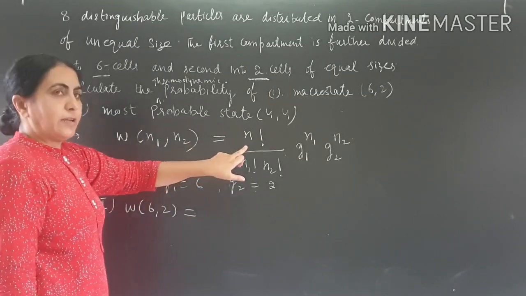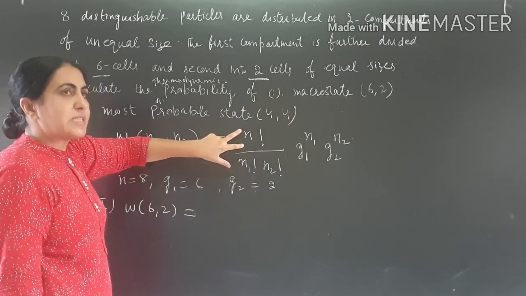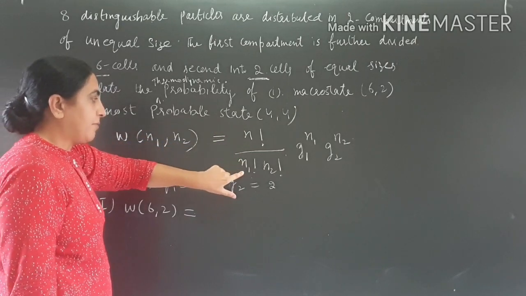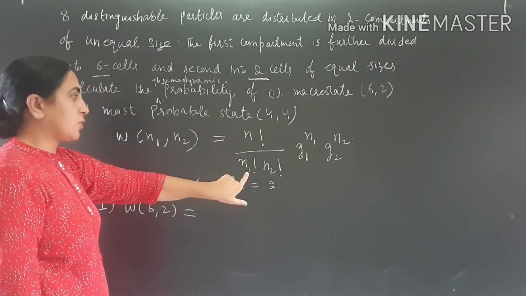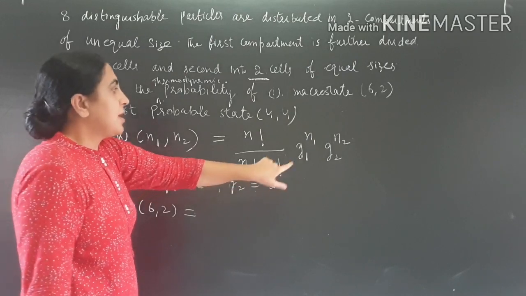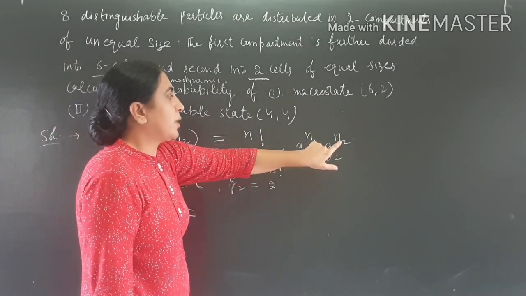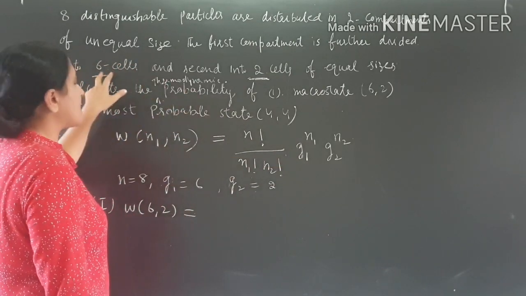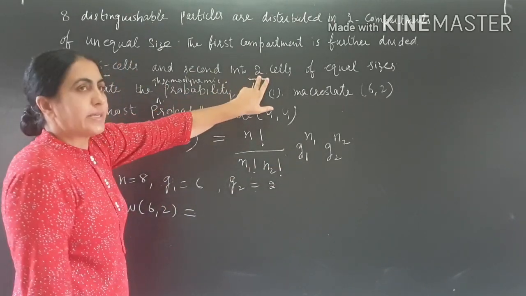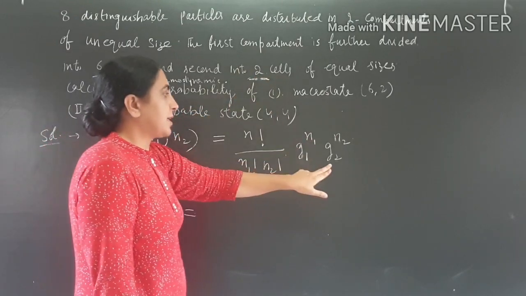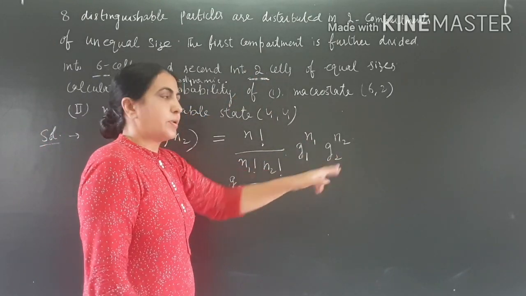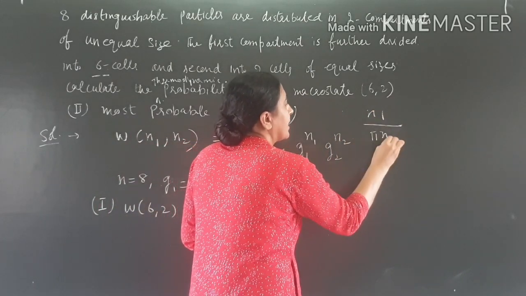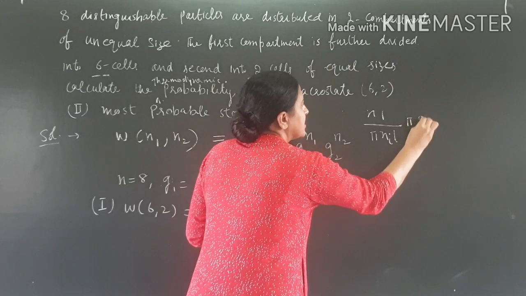That is equal to N factorial, where total number of particles N1 plus N2 is equal to N, divided by N1 factorial, N2 factorial, G1^N1, G2^N2. G1 is the cells: the first compartment is divided into 6 cells and the second compartment into 2 cells. Because we know the formula, that is N factorial over the product of Ni factorial times the product of Gi^Ni.